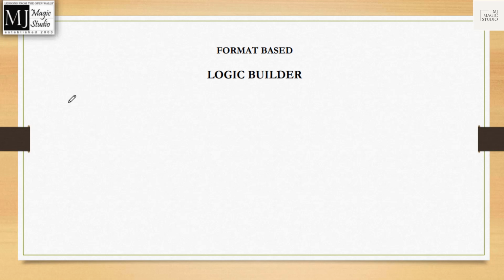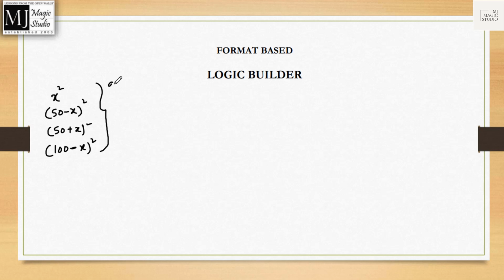Numbers of the form x square, 50 minus x square, 50 plus x square, and 100 minus x square, all have the same last two digits as x square. And this is a very interesting fact.